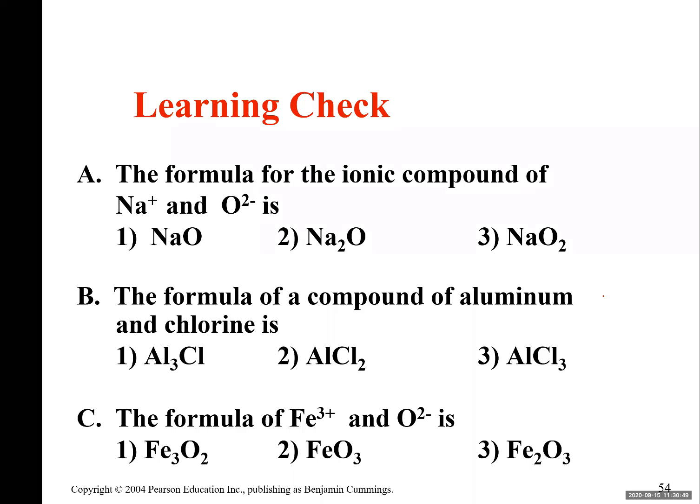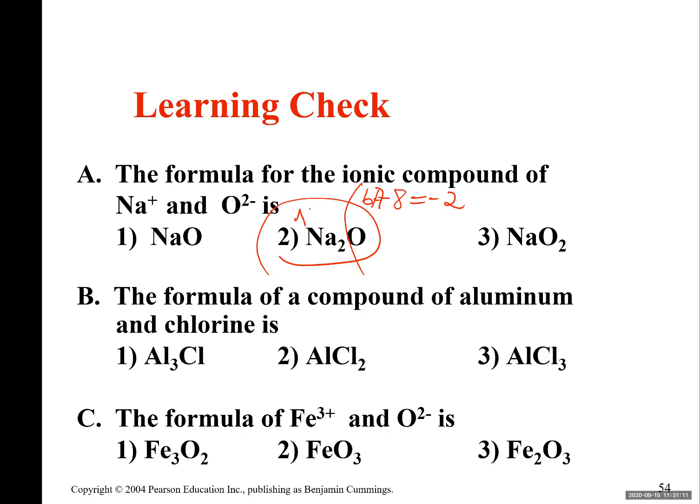In other words, all you want to do, you want to make sure charges add up to be 0. In this case, can I say the charge of oxygen is 6 minus 8? Because oxygen is in group 6A, right? So the charge is minus 2.